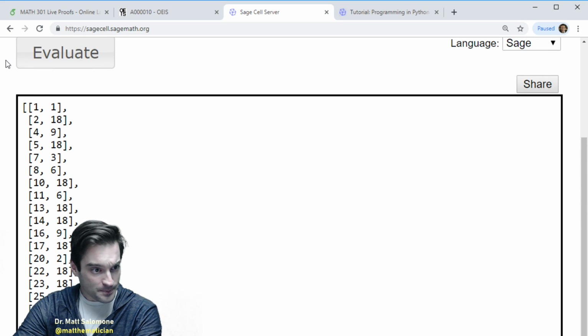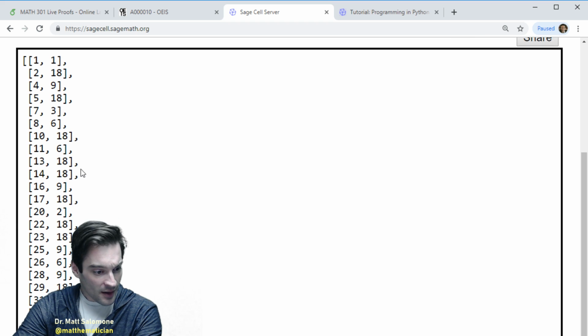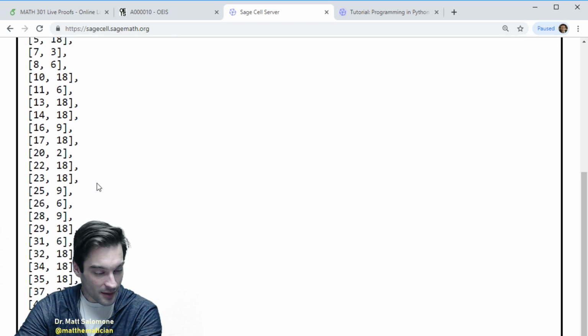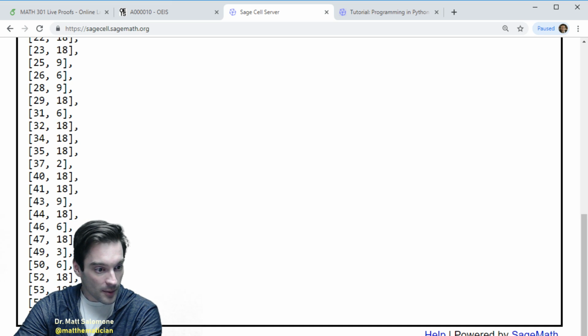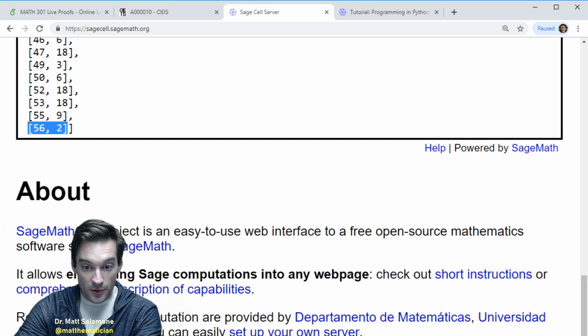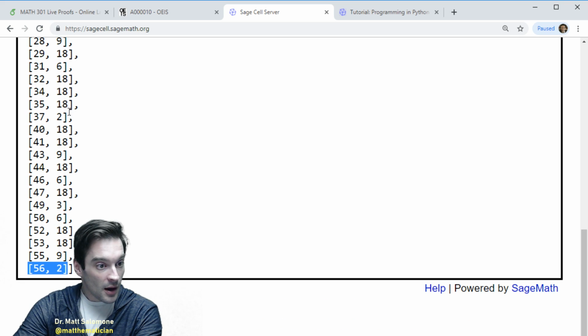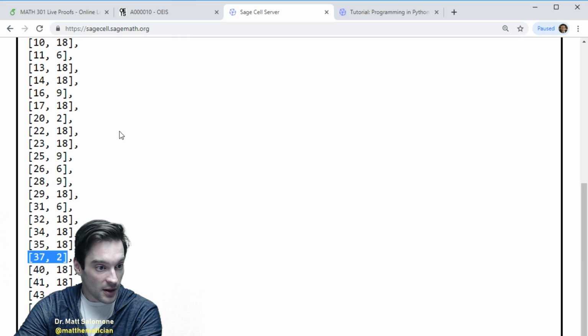And sure enough, if I count these up, how many elements of order 2 do I see? And I'm thinking that I must have done my calculation incorrect up there before, because here I'm finding one element of order 2. 56 is an element of order 2, right over my shoulder right there. 37 is also an element of order 2 in U57.